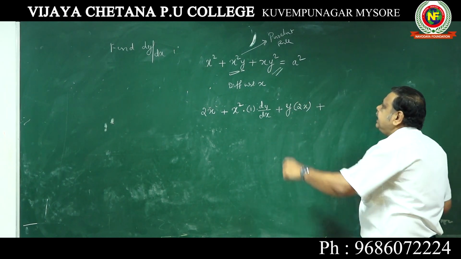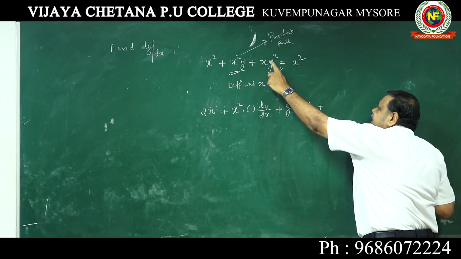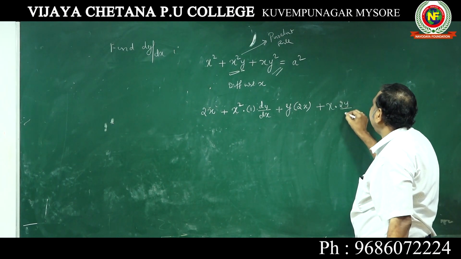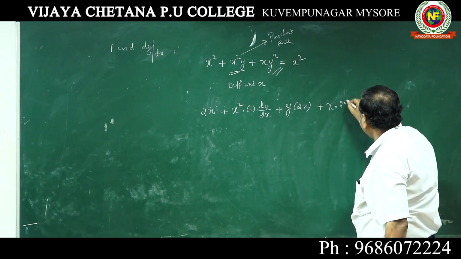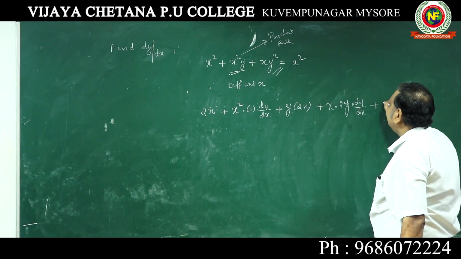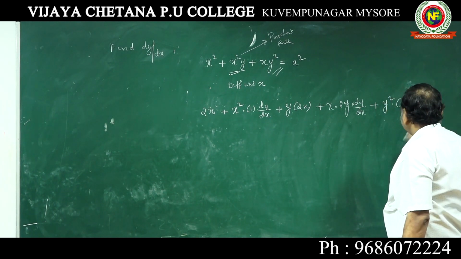Here again the product rule you have to apply. This is one function, this is another function. X into 2y dy by dx, that is 2y into y square is 2y into dy by dx plus y square into 1, right side 0.